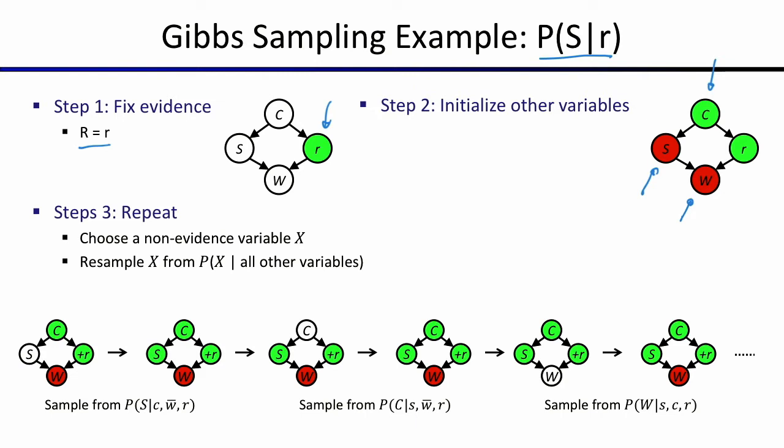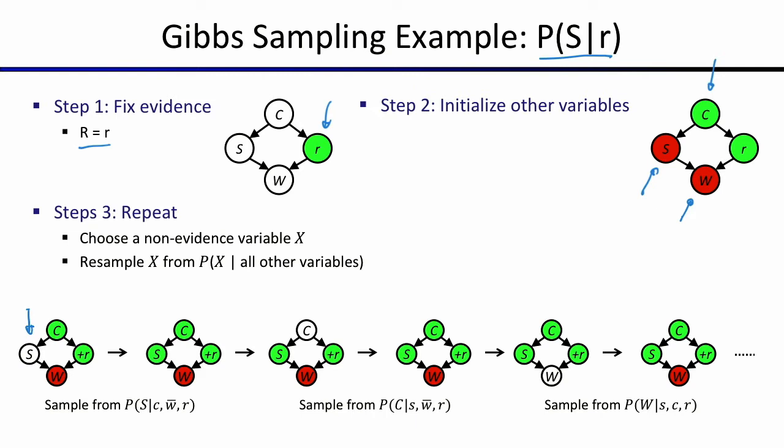For instance, let's suppose that we choose a variable S. We're only going to change the variables that are not evidence. We're going to keep the evidence fixed. So we choose among those variables that are not evidence variables. S is a non-evidence variable, so I choose S to start.